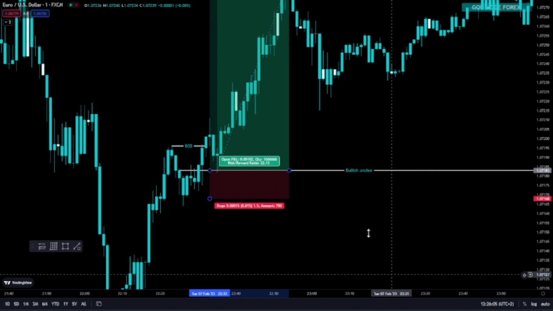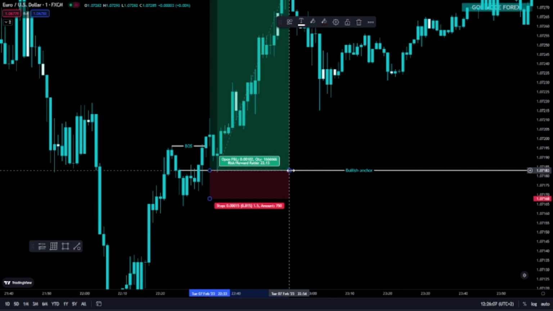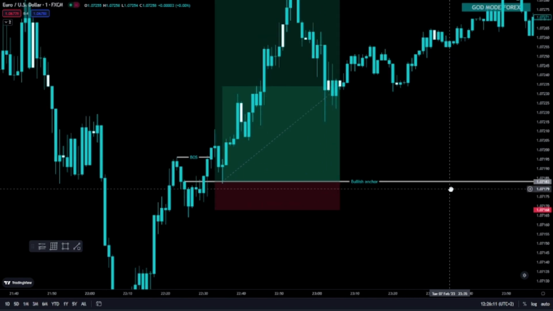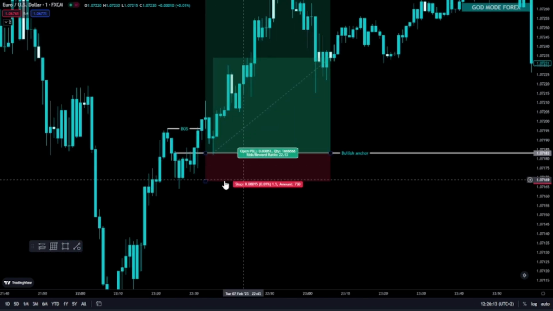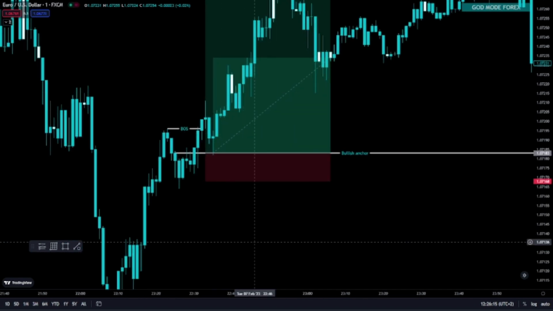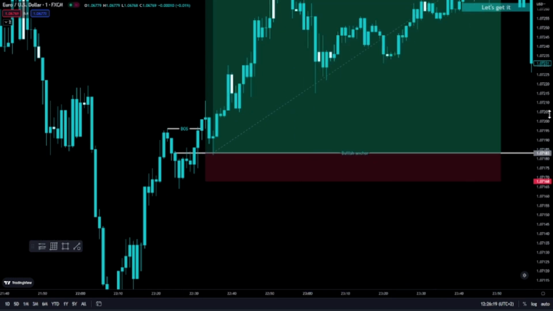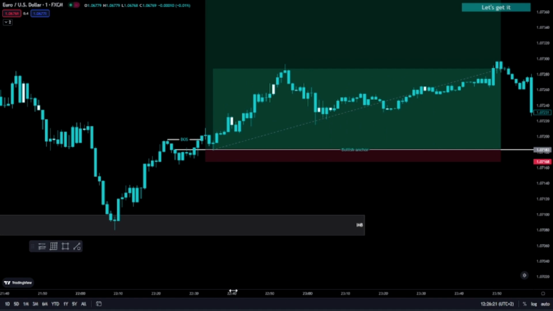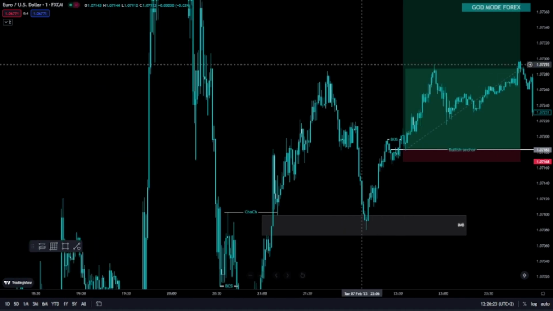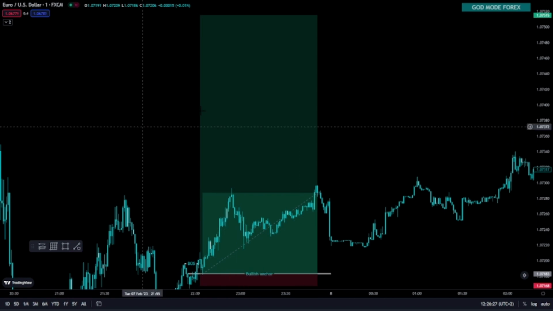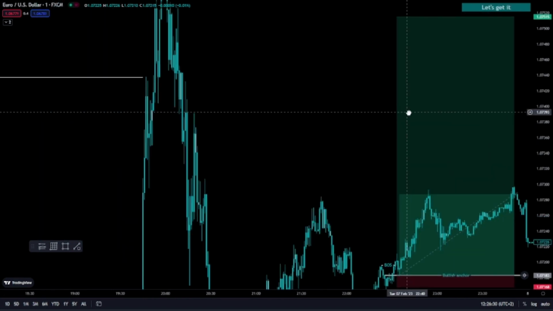So that was our take profit at 1.07515, and then our stop loss was right here. And as you can see, this trade did play out for a 1:22.13 raised to what?